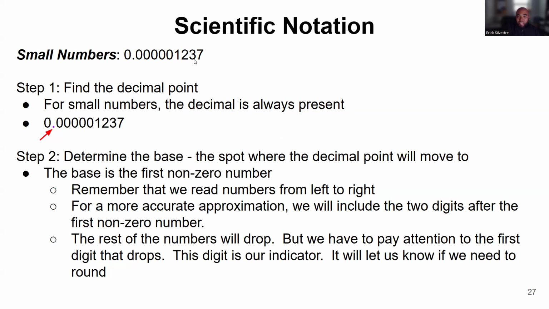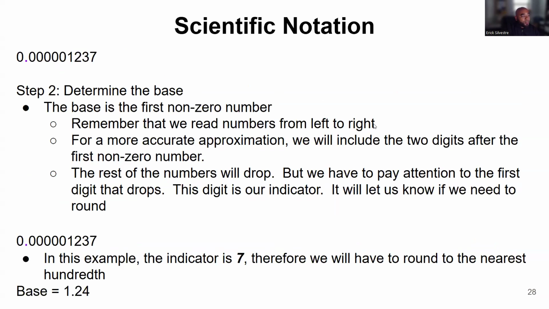We're going to keep 2 digits after my base, and we're going to round and drop the rest of them. We look at our indicator. In this case, it's the number 7. So our base is going to change because the indicator is larger than 5. So my base becomes 1.24. Once you look at the base, you drop everything else.